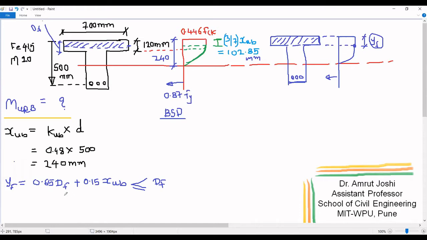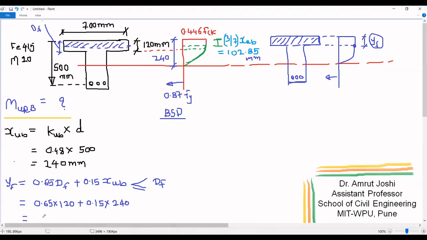So let us calculate the value of YF in our case. The value of YF is 0.65 times depth of flange, which is 120 mm, plus 0.15 times 240, which is the location of neutral axis at failure if we design steel on tension side to make this section balanced.